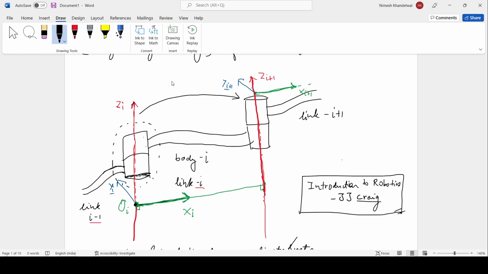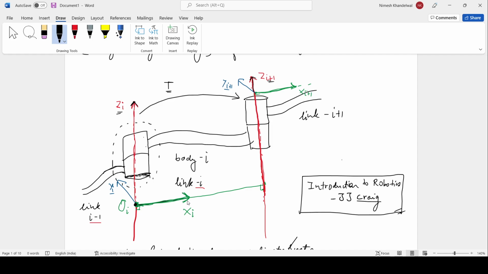I just want a transformation that when applied to the ith frame converts it to the I plus 1th frame, or saying it in some other manner, makes the ith frame coincide with the I plus 1th frame.